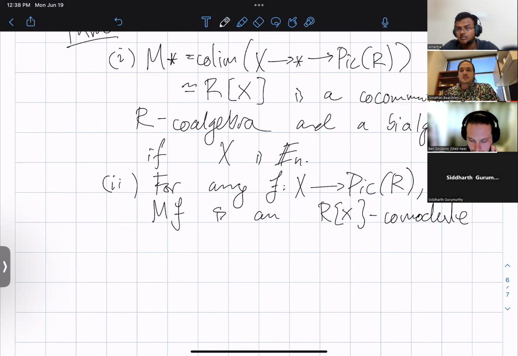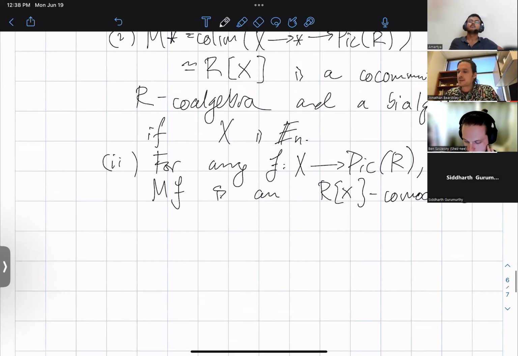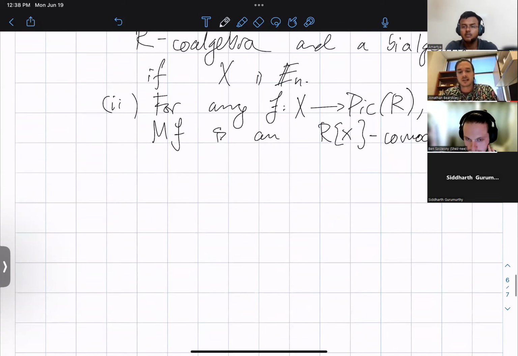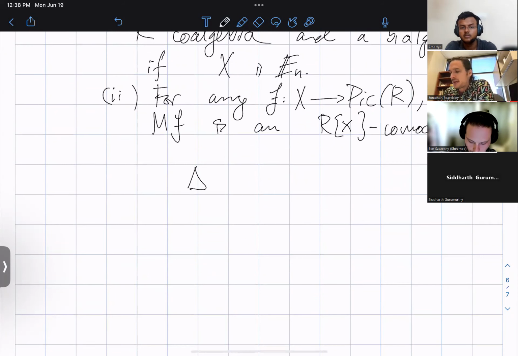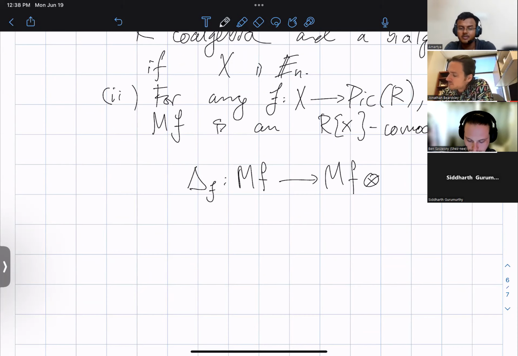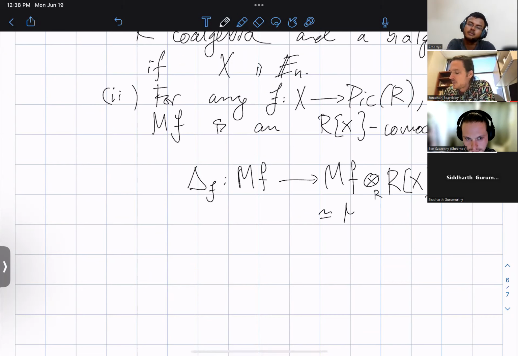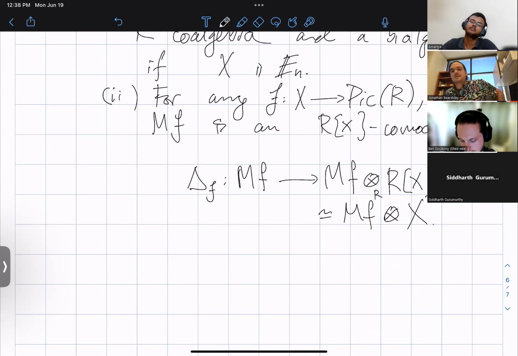And so you can prove this sort of categorically. But this then recovers a very classical thing, which is called the Thom diagonal. Over R with R adjoin X, which is just MF tensored with X.